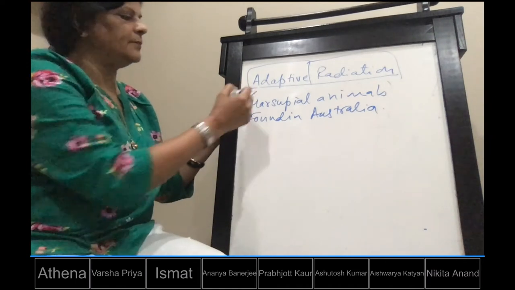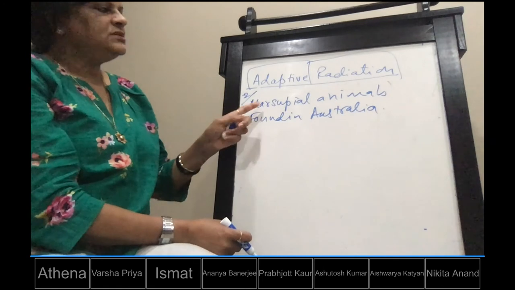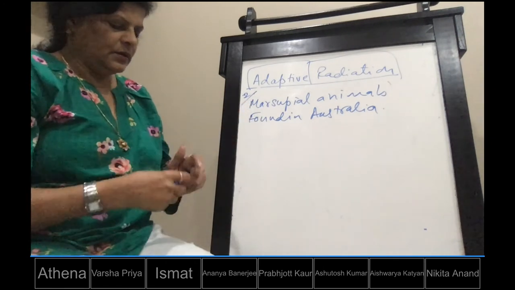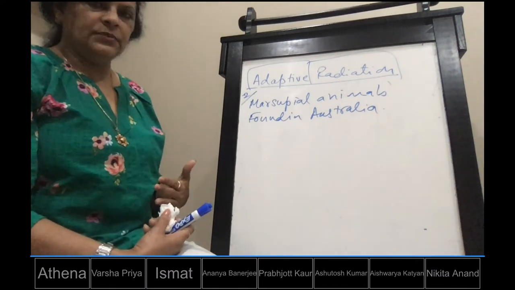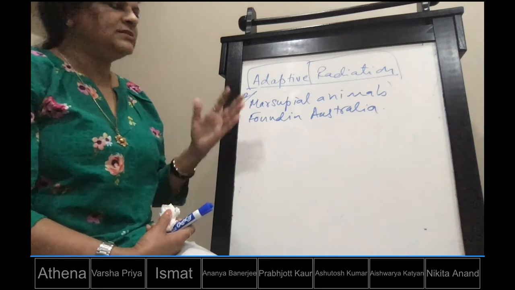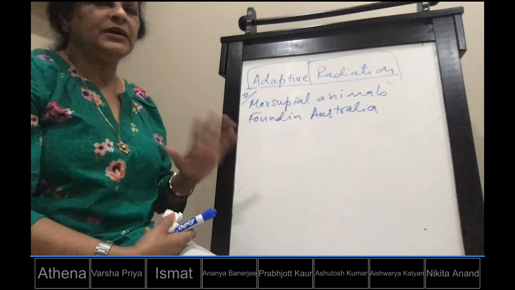This is the second example of adaptive radiation. Now, what is marsupial? Marsupial is basically a pouch, a brood pouch, which is found in animals in which they keep their baby. And like, say, if I ask you an example of marsupial animals, all of you will say kangaroo.